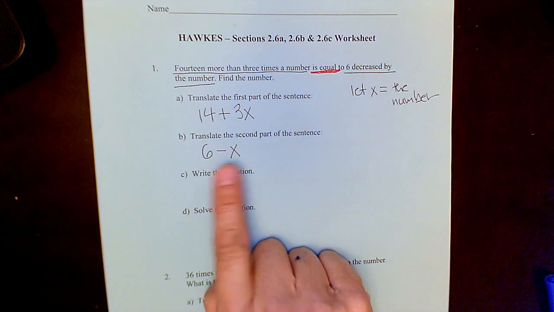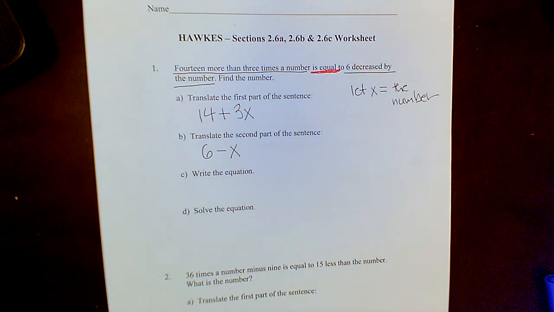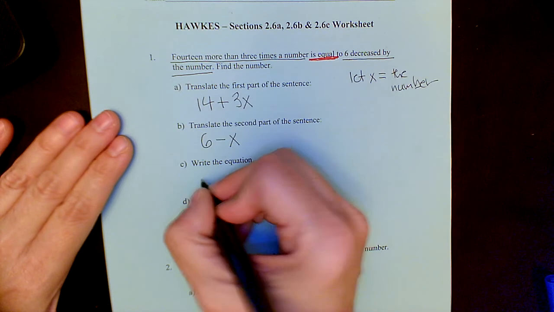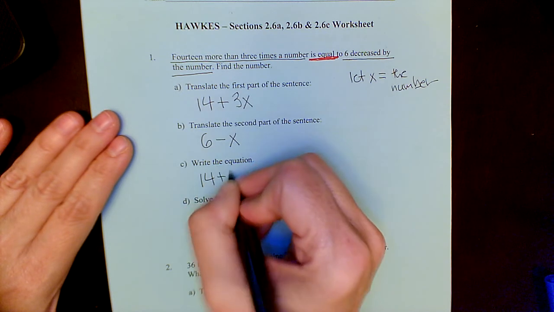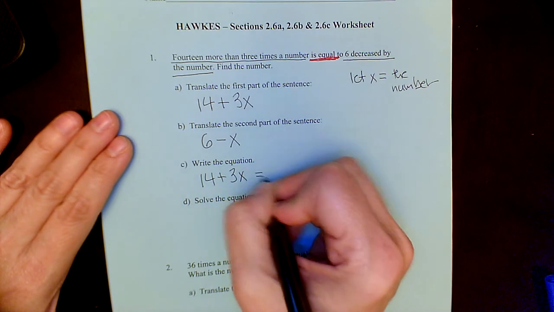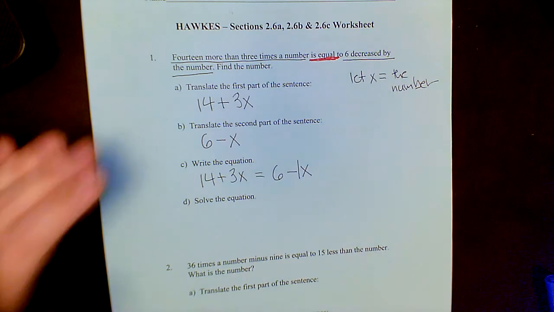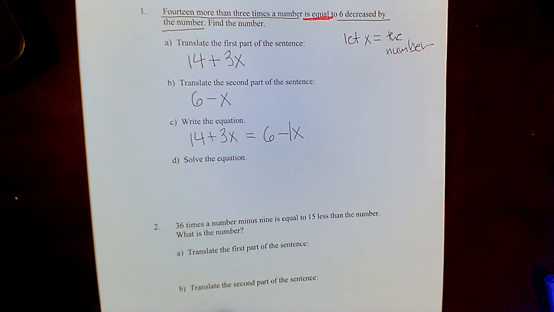So 6 decreased by x. Can I put all these together and write the equation? I sure can. So I'm going to put 14 plus 3x equal to 6 minus x. And this is minus 1x. If you need to put a 1 in front, you can.